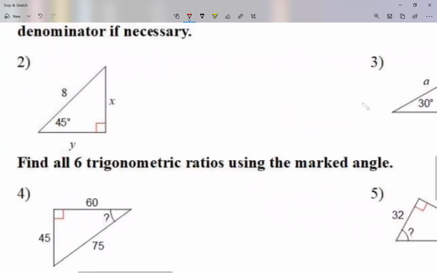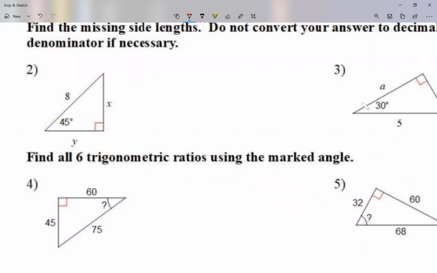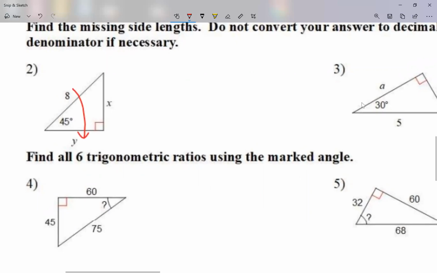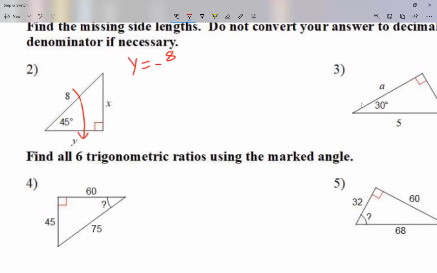So let's see. Here I'm finding both sides, right? In your homework, I'm going to ask for a specific side, but here I'm going to solve for both of them. So here I'm starting from the hypotenuse. So to get to y, I have to divide by radical 2. So I'm going to say y is equal to 8 divided by the square root of 2.